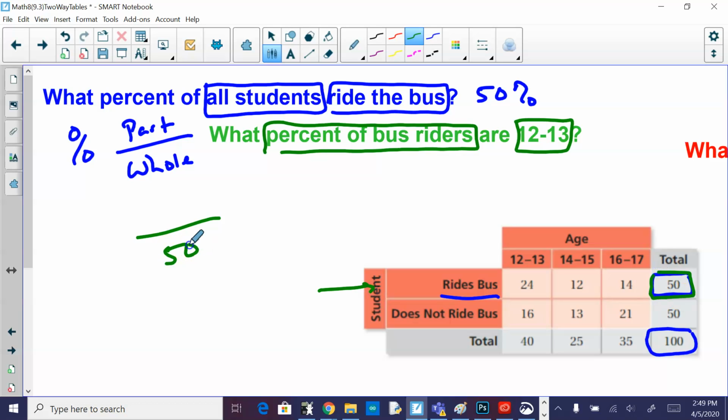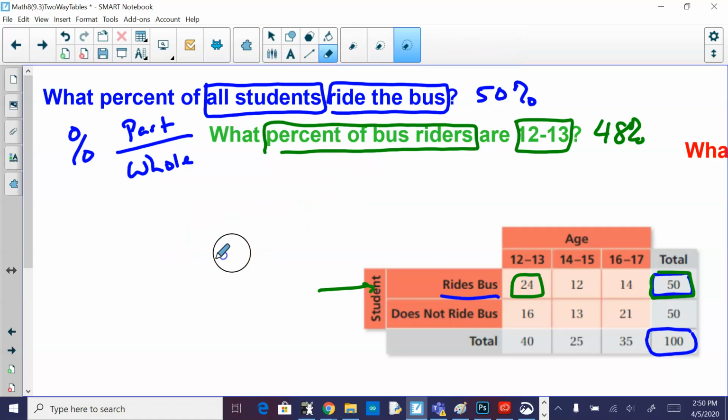There are 50 students who ride the bus. How many are 12 to 13, which is right here? There are 24 12 to 13-year-olds out of all the bus riders. If we use our calculator again, we'll get 0.48. We move our decimal 2 places. That would be 48% of the bus riders are in that age category.